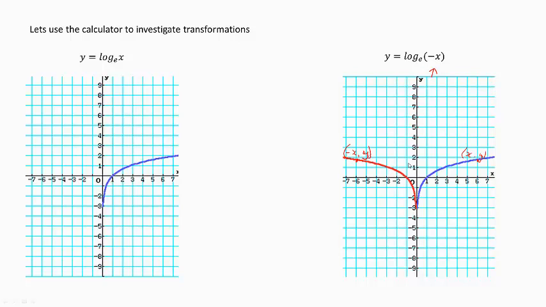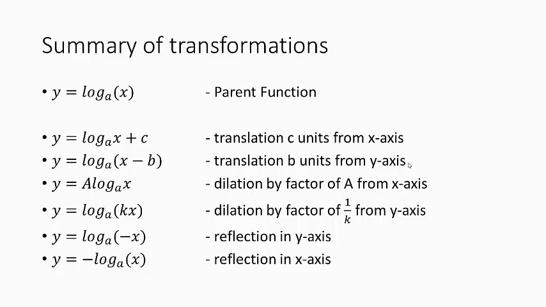Okay, so there are all of the different transformations. We start with our parent function. So always think about, this is our parent function. What has happened to the parent function? Well, if we add c, c can be any value, we translate c units from the x-axis.